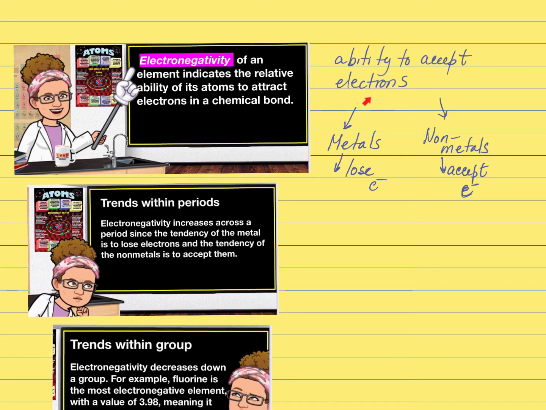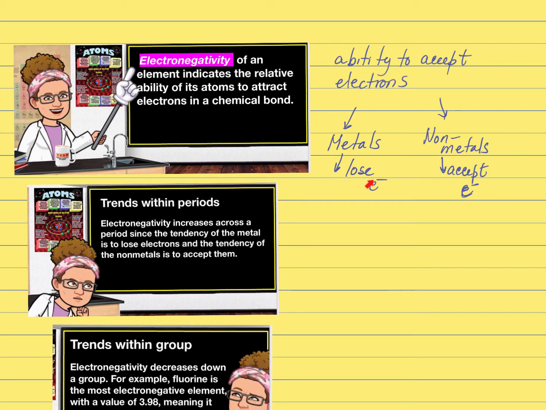But Ms. Ramos, we're so confused right now because you were explaining at the beginning that the metals do not attract electrons. They lose electrons, while the non-metals are accepting them. So, do metals have the ability to accept electrons? The answer is no. And that's why when you're moving across the period, electronegativity is going to increase.